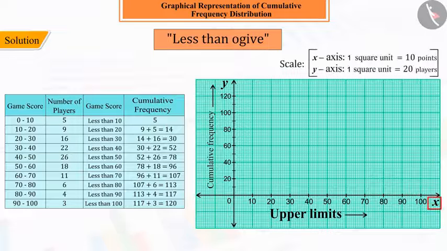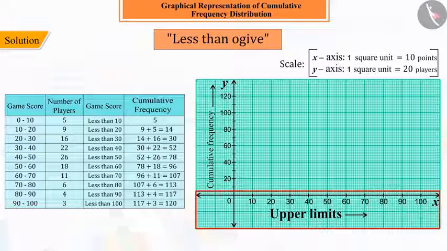Here, we will take the scale 1 square unit equal to 10 places on the x-axis and 1 square unit equal to 20 places on the y-axis. Remember, you can take any scale on either of the axes according to your convenience.